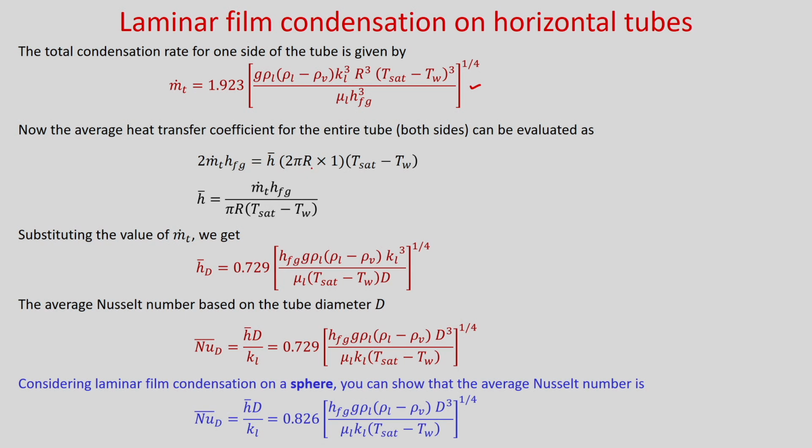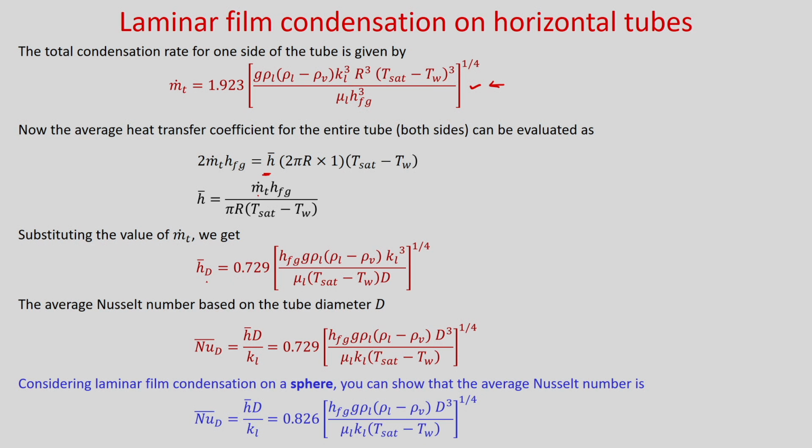Area is 2 pi r, that is the perimeter per unit width, into 1. From here, your average heat transfer coefficient you can calculate as m dot t h fg divided by pi r into (T sat minus T w). Now you see the m dot t expression is here, so you substitute it here and rearrange.